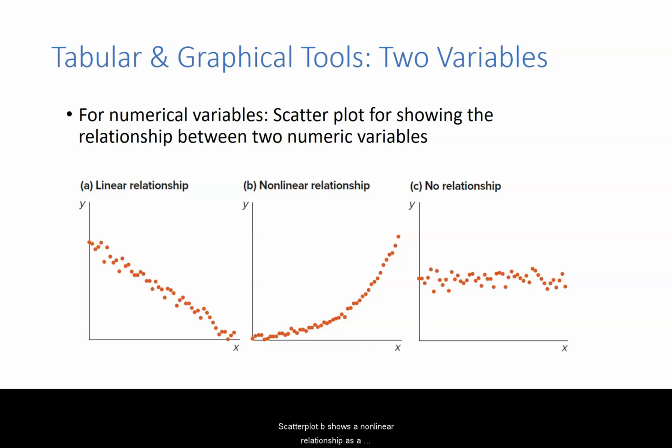Scatter plot B shows a non-linear relationship, as a given change in x does not produce a constant change in y. In this case, as x increases, y would increase exponentially.